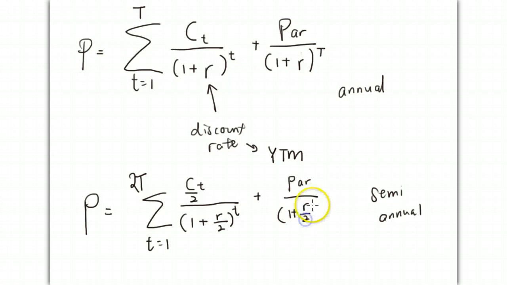So this is how we adjust for a semi-annual bond.